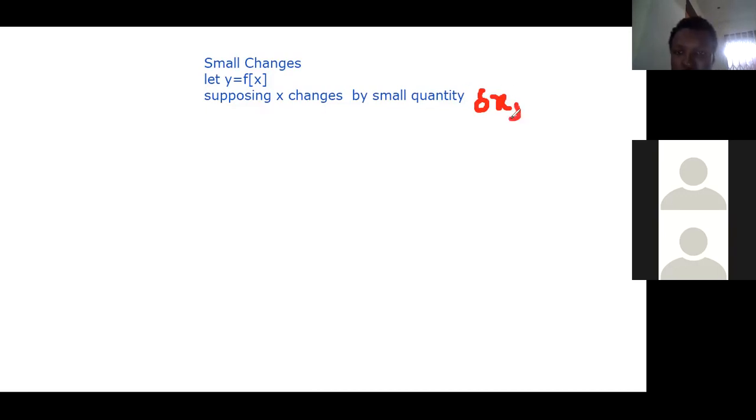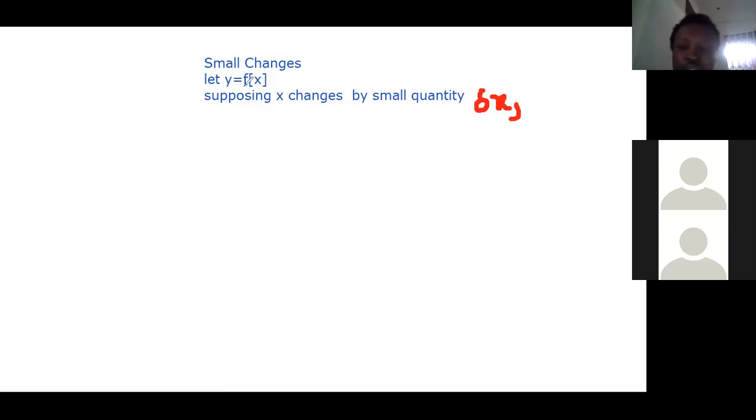So supposing y is equal to f of x, y is equal to a function of x. That you already know under differentiation. Now, supposing x changes by a small quantity, dx, there will also be a corresponding change in y.